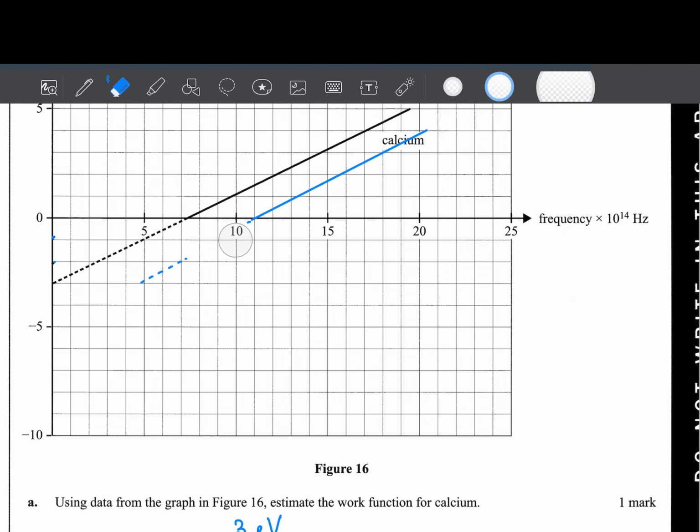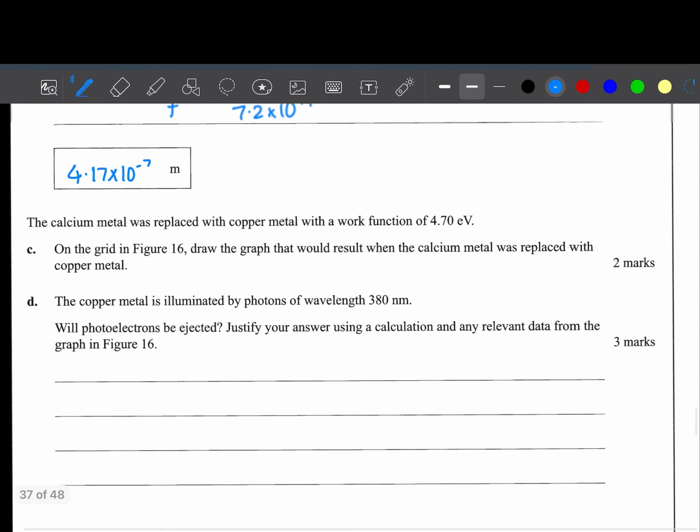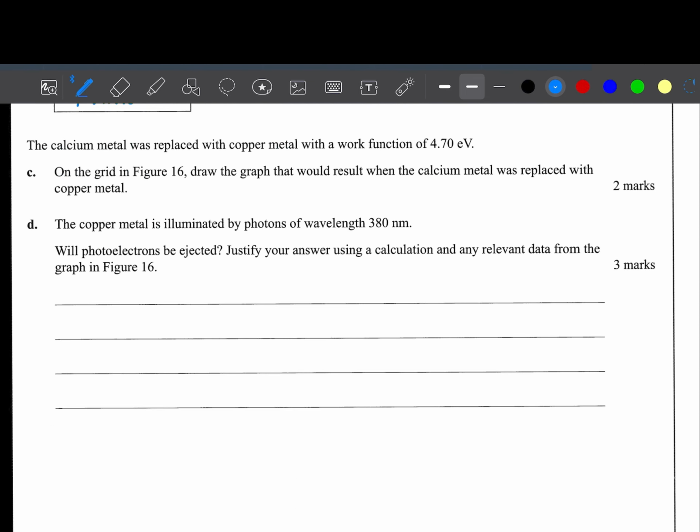I don't have a ruler, but this is how you would do it. So this is going to touch negative 4.70.